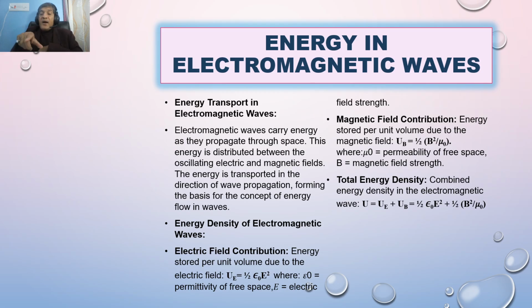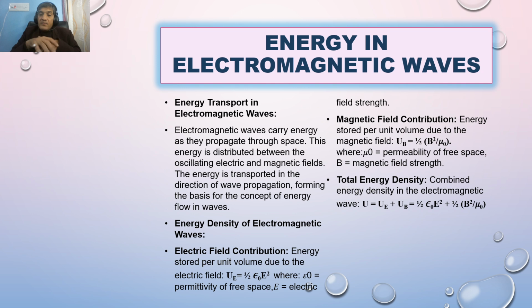The electric part is U_E and the magnetic energy is capital U_B, and we all know we have both types of energy in the electromagnetic wave because it is generated by the electric and magnetic fields combined. So in the electromagnetic wave we have magnetic energy and electrical energy, and these are combined by this formula. We have both contributions, the magnetic field contribution and the electric field contribution, independently.